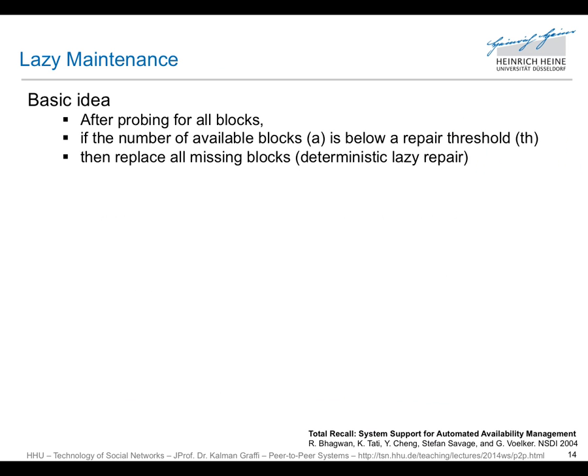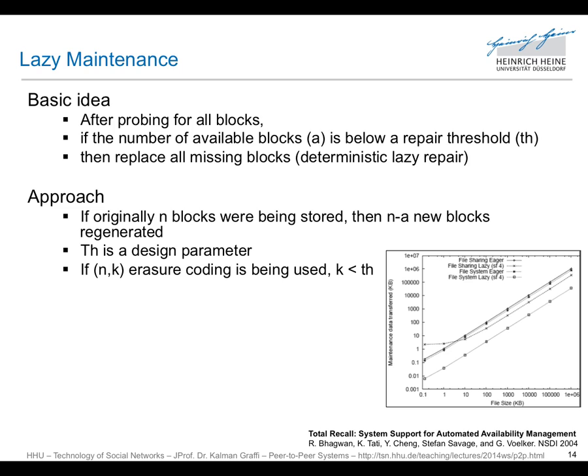The other approach that was presented was the lazy maintenance, where you have this threshold. That's the magic word here. You have this repair threshold, and you again probe the different replication nodes, and you only replicate if you are missing a specific number of data blocks.